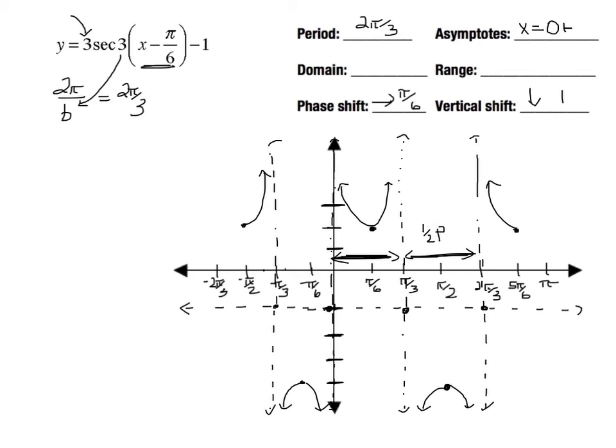So if the period is 2π/3, half of that is π/3, and then it's multiples, so it's π/3k. And the domain would be x cannot equal the asymptotes, which would just be π/3k. You don't really need the 0. The range would be y is greater than or equal to 2, or y is less than or equal to -4. And there's your secant graph with the hats and asymptotes all labeled.